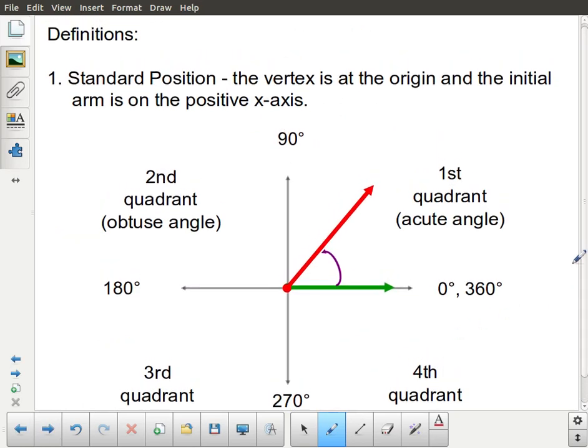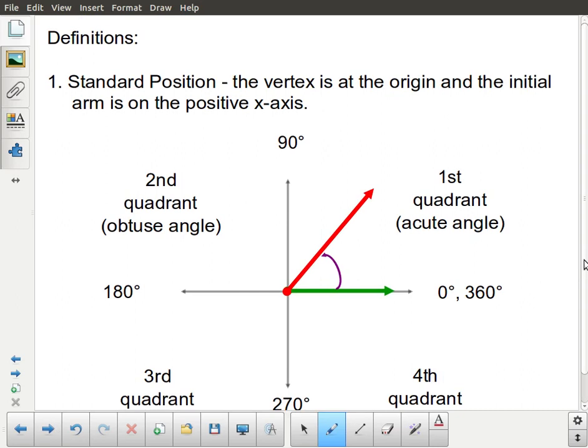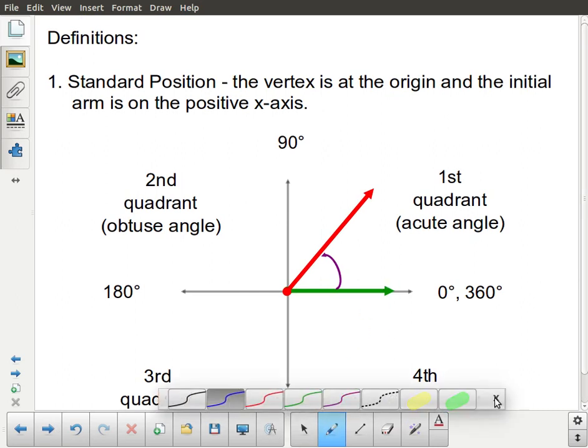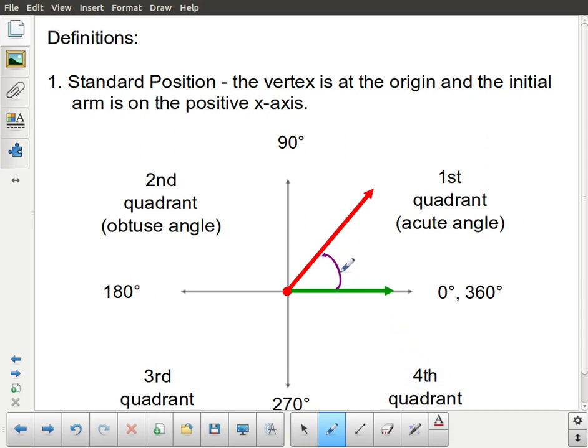Okay, so now we're going to actually get into the Cartesian plane, or we're certainly going to end up looking at something here that's going to resemble the Cartesian plane. One of the things we're going to be talking about is something known as standard position. In standard position, the vertex is the point that we're rotating around. So you can see we've got the terminal arm out here to the right, and it rotates.